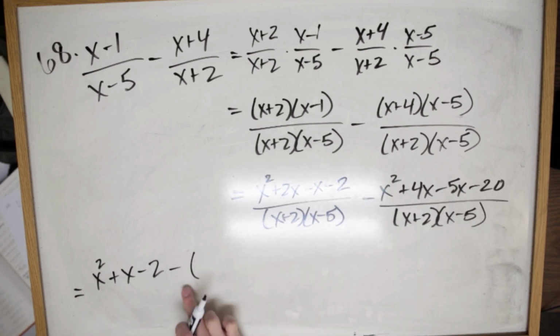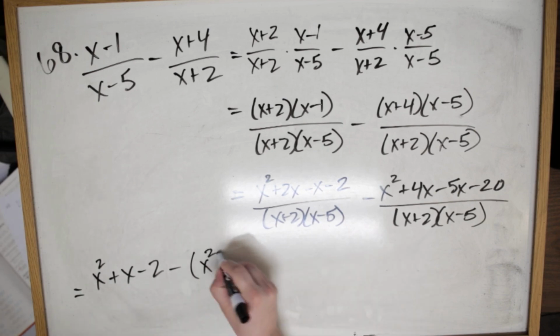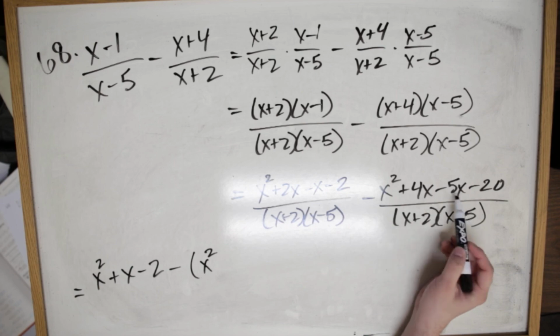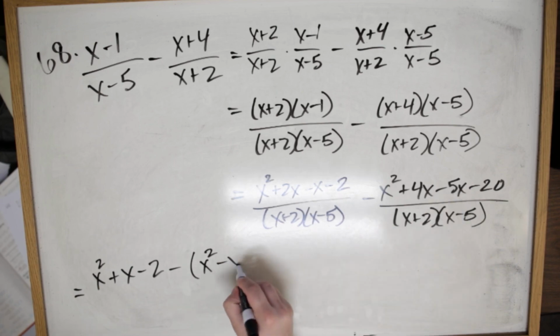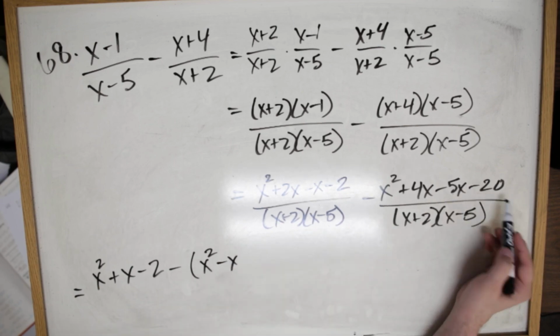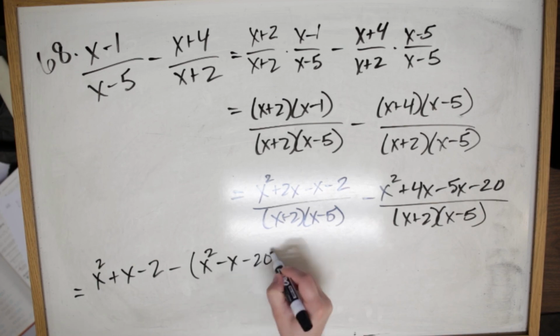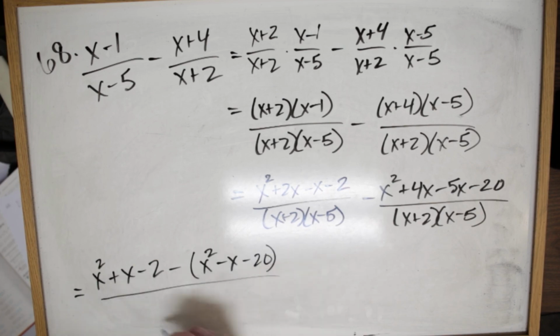This is where the nightmares that I was talking about earlier can happen. You need to be very, very, very careful here. X squared plus 4x minus 5x is a minus x minus 20. Okay. All over x plus 2, x minus 5.